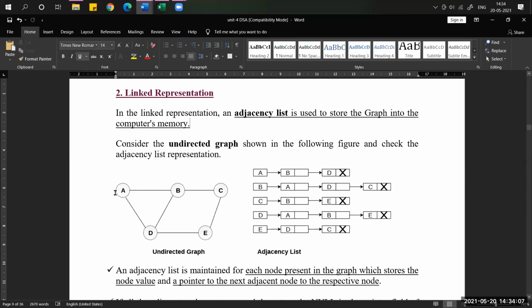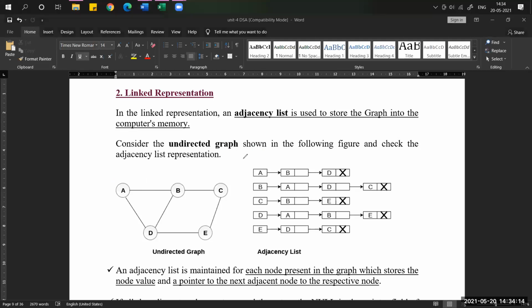Now look at vertex A. I'm taking vertex A. From vertex A, how many edges are there and to which nodes are they reaching? There are two edges. Only two edges from A. Where are they reaching?